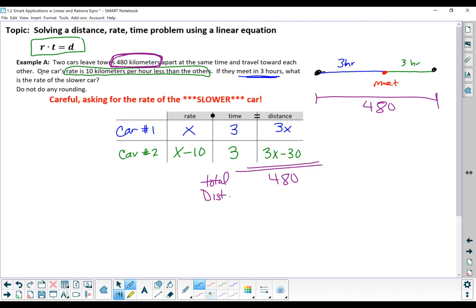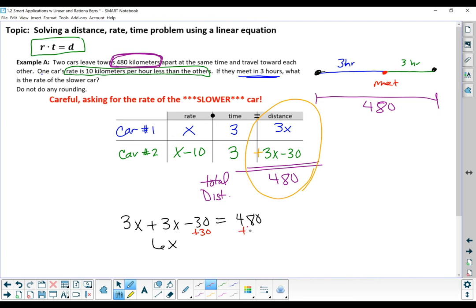If I add these two distances together, that has to equal 480. The distance that car number one traveled plus the distance that car number two traveled is equal to 480. So 3x plus 3x minus 30 is equal to 480. So that's 6x, and I'm going to go ahead and add that 30. 6x is equal to 510, so x is equal to 85.